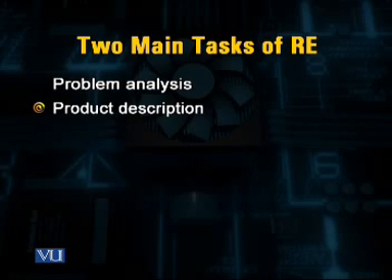This is the functionality that we have talked about, what the software product looks like to its user. Product description also includes organization of ideas, resolution of conflicting views, and elimination of inconsistencies and ambiguities from the requirements model.